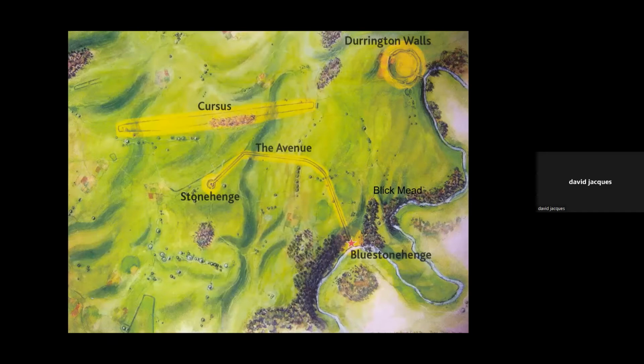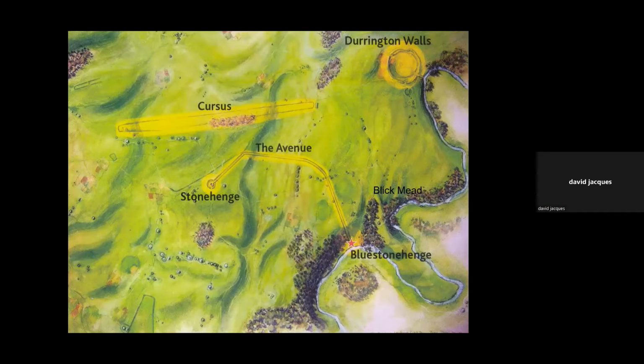Now, Durrington Walls is the setting where almost certainly the people that built the last phase of Stonehenge lived. So they were living there around 2500 BC.